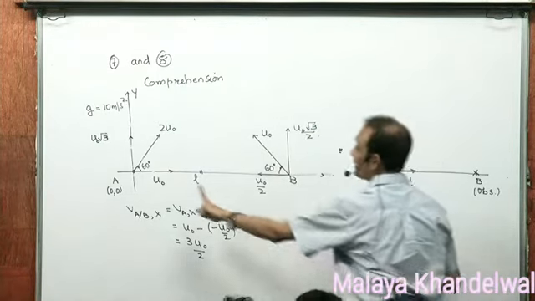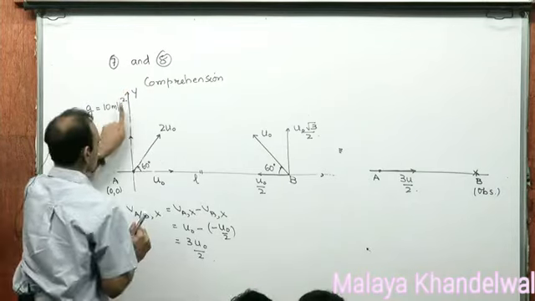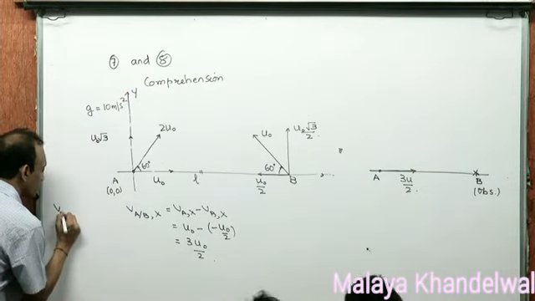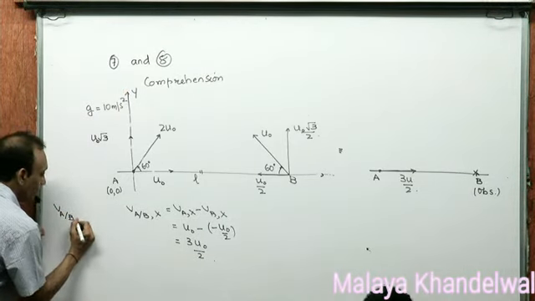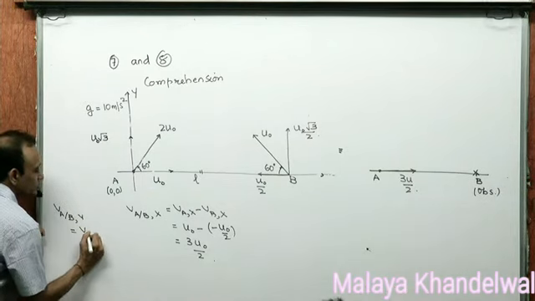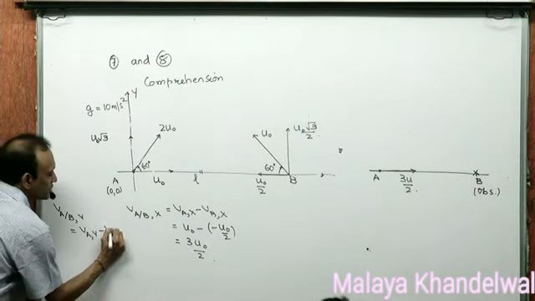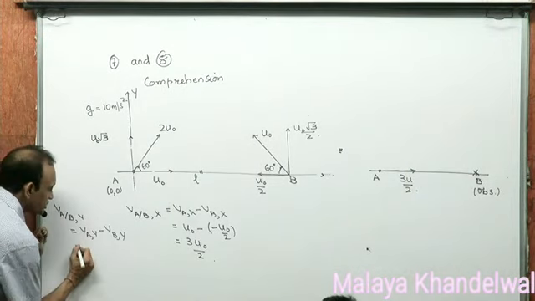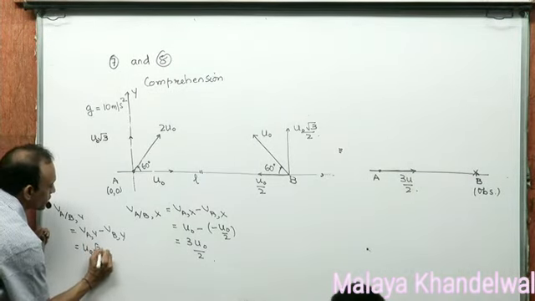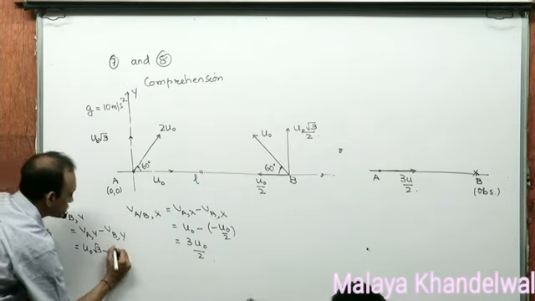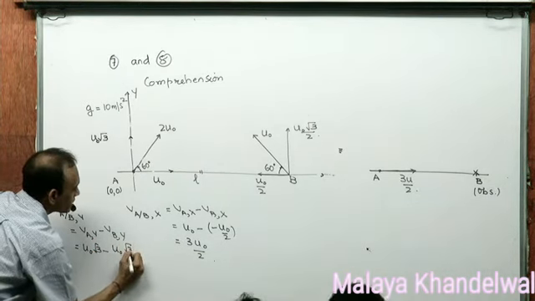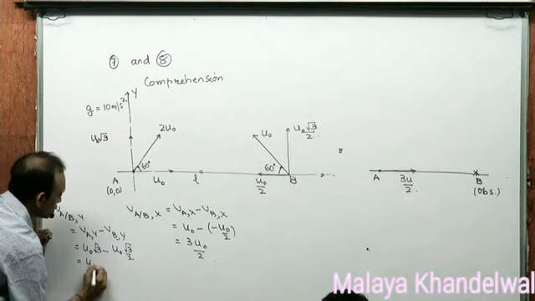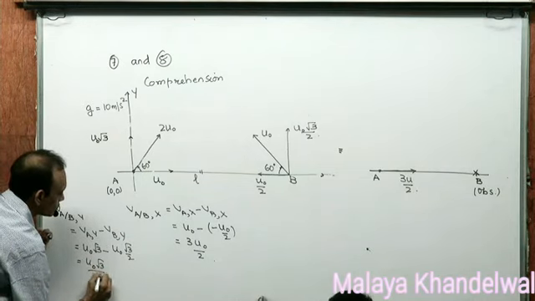And velocity of A with respect to B in the y direction is going to be velocity of A in the y direction minus velocity of B in the y direction. What's velocity of A in the y direction? U naught root 3. What's the velocity of B in the y direction? U naught root 3 by 2. So that makes it u naught root 3 by 2.